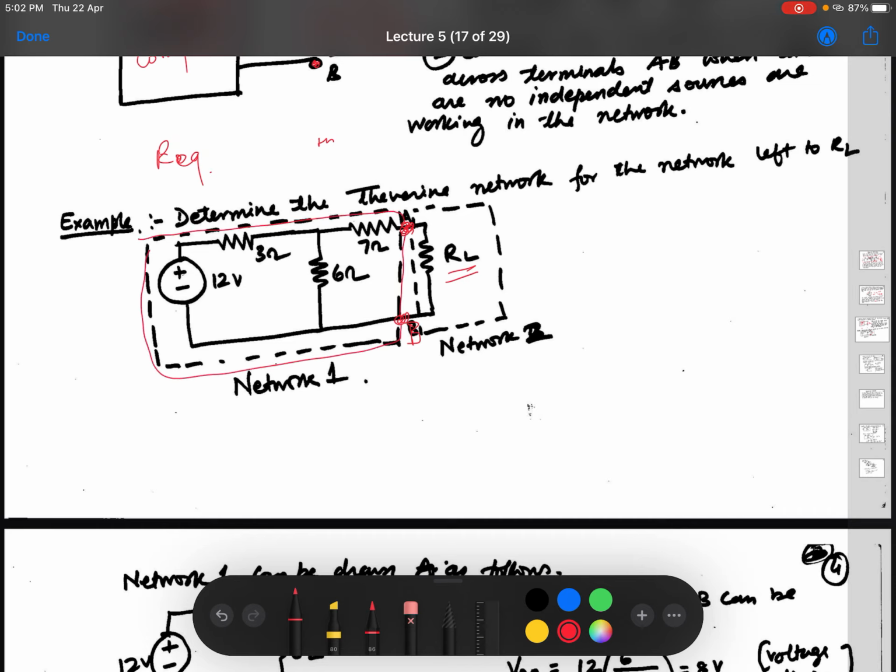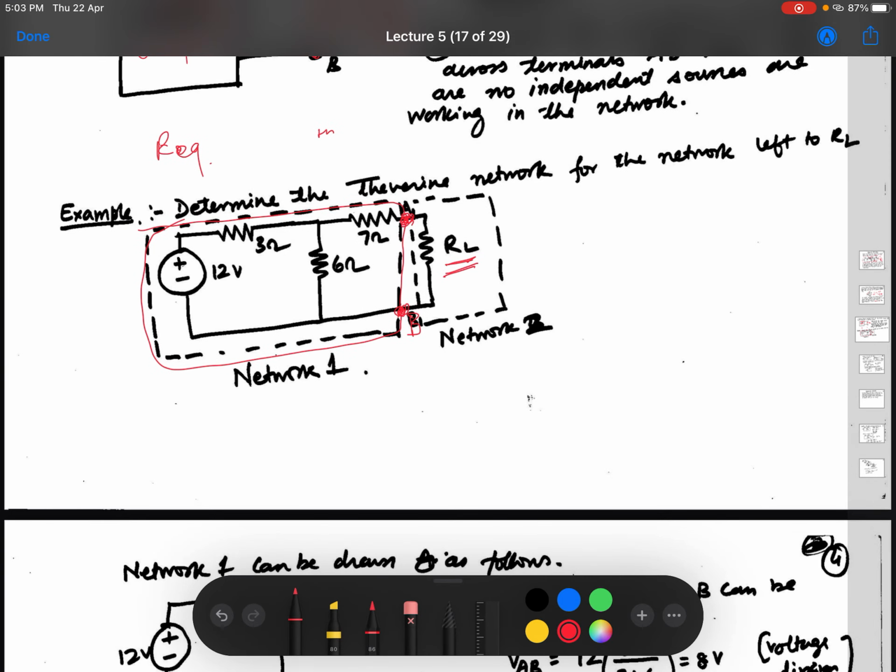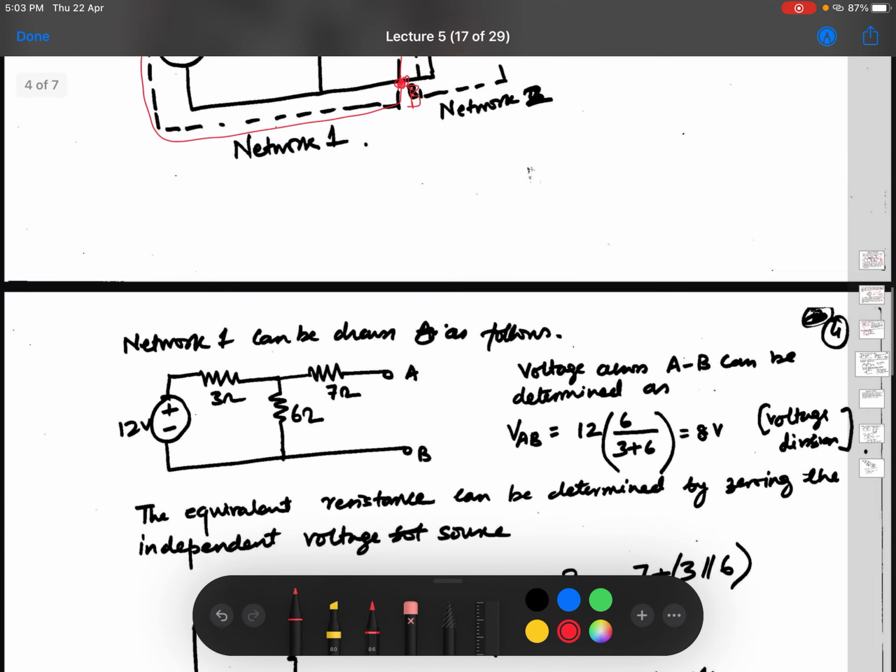That is what we are assuming, and I have to represent this circuit across A and B so that I can calculate the values of current in RL. So basically the question is, I have to make a Thevenin equivalent of that circuit.